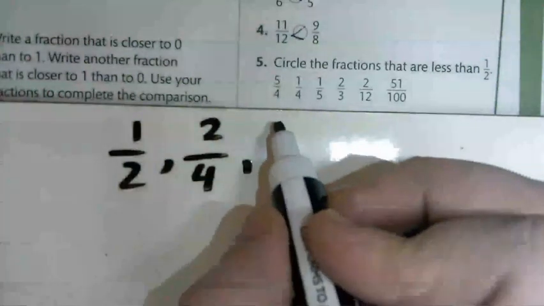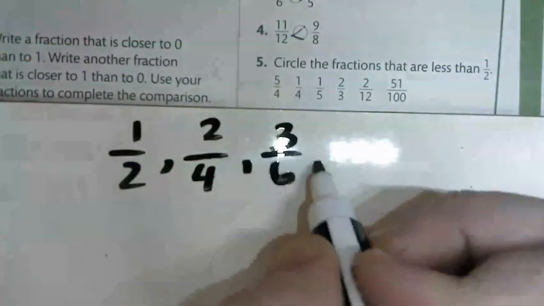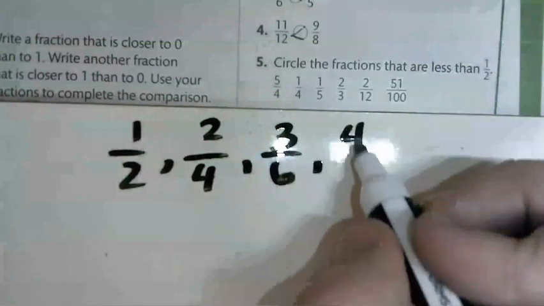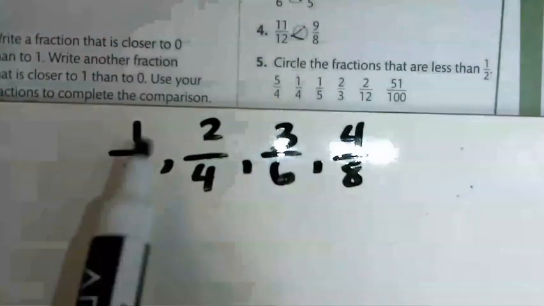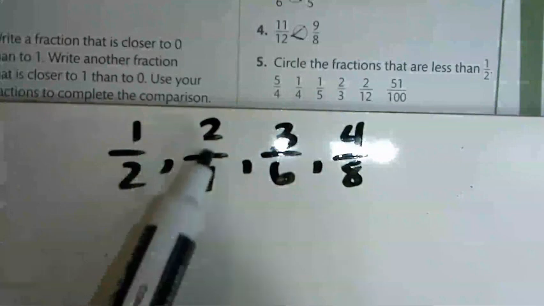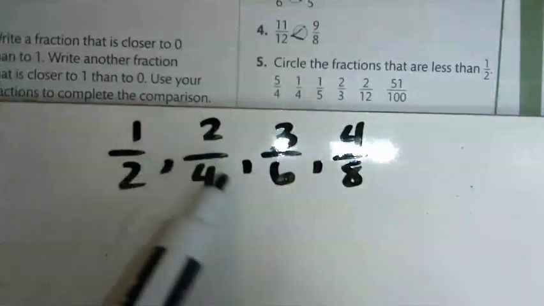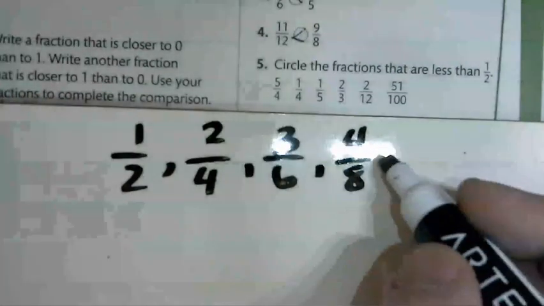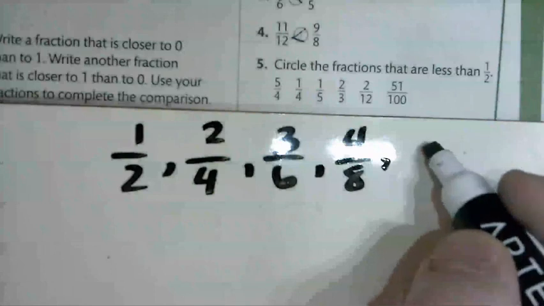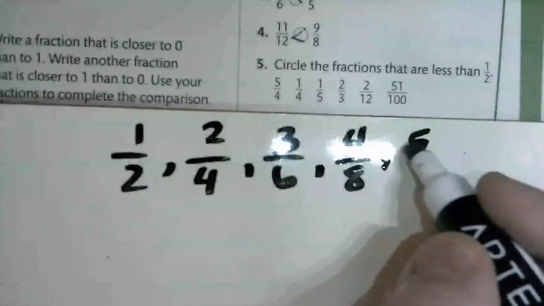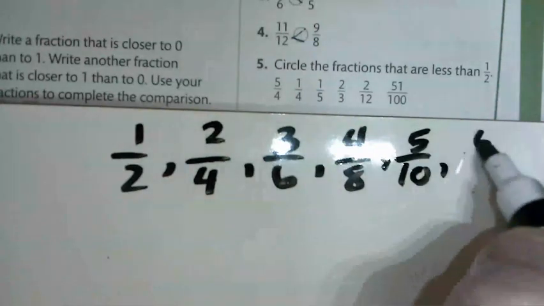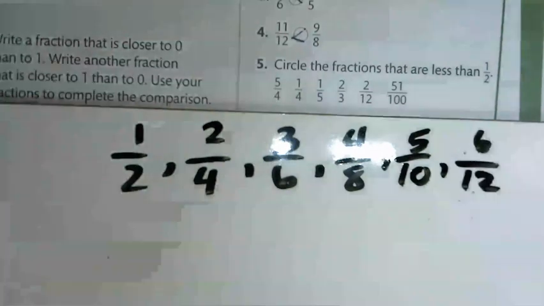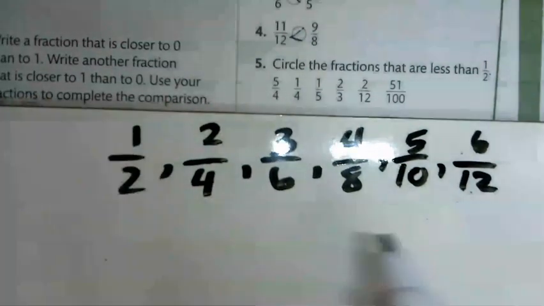I've got 3/6. I've got 4/8. Do you notice that you would have to take the top number and times it by 2 to get your denominator? All right. So if these are my benchmarks here, then I would have 5/10 and 6/12.